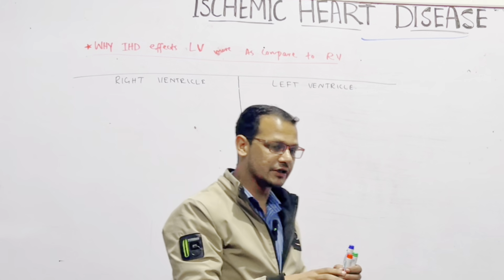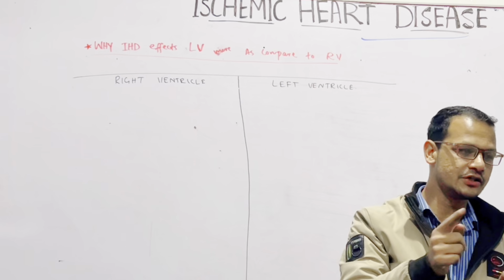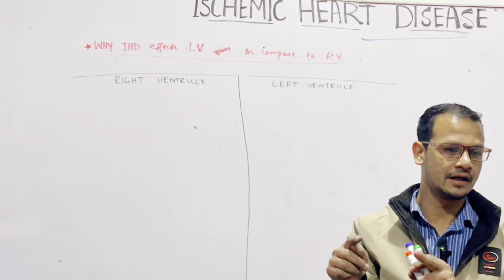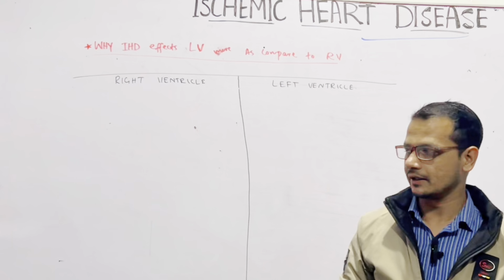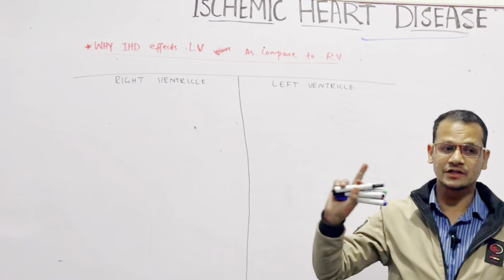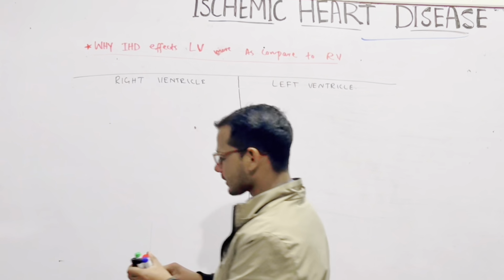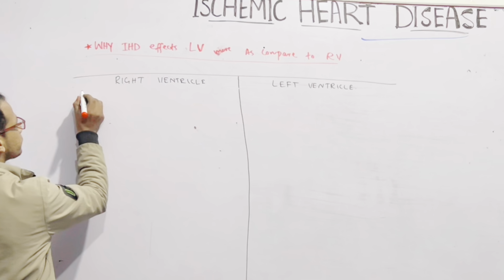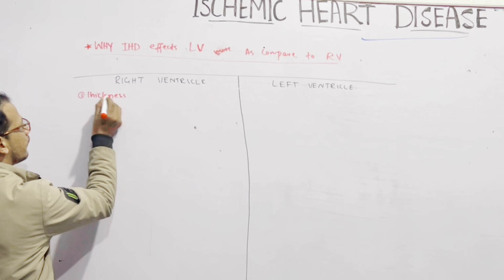If the tissues are thick, they will need more oxygen than thin ones. And as we are all well aware, the left ventricle is more thickened than the right ventricle. First point is thickness.